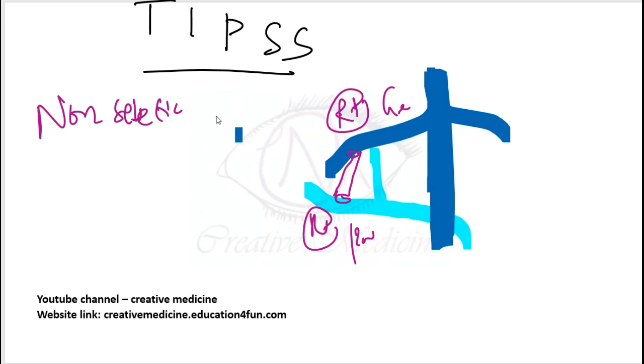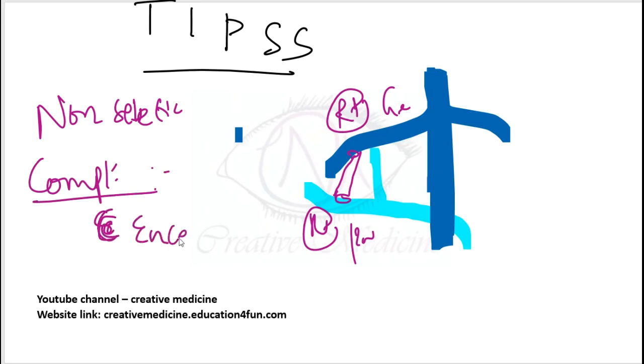So the blood from the portal vein directly goes into the right hepatic vein instead of going through the liver. Normally the blood from the portal vein is purified in the liver, that means all the ammonia is filtered in the liver. But the complication is that because the ammonia is not filtered, this ammonia can directly reach the brain. Thus it can cause encephalopathy in the patient, which is a deadly complication.